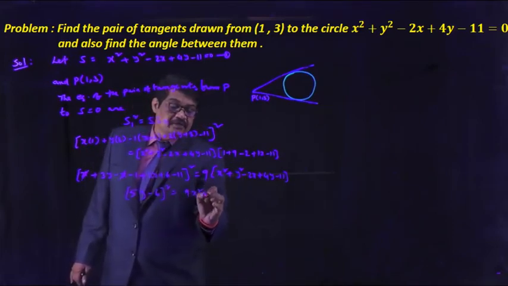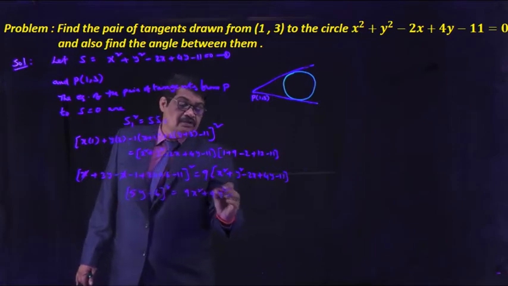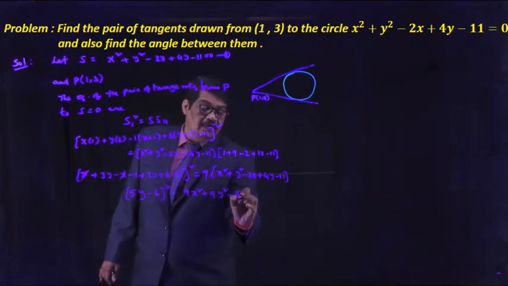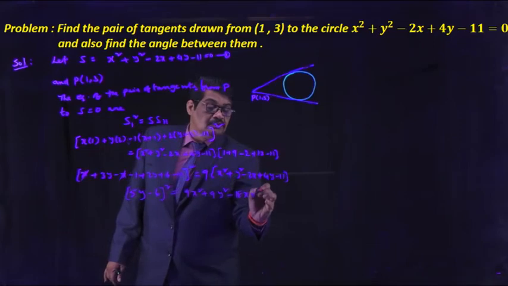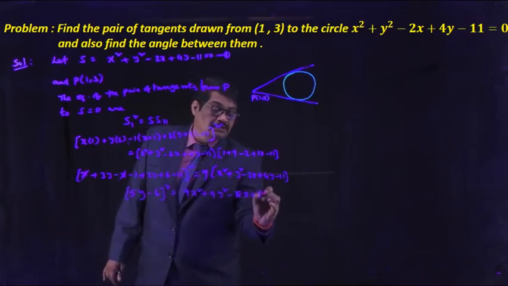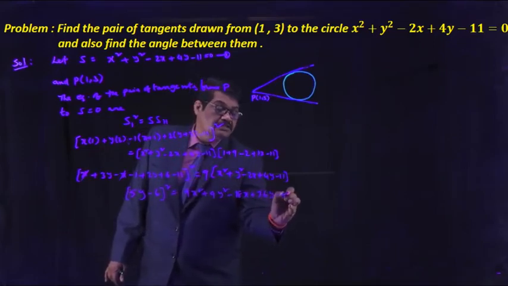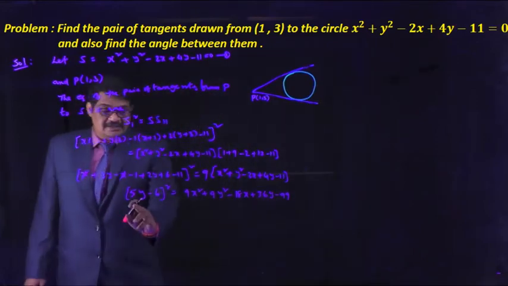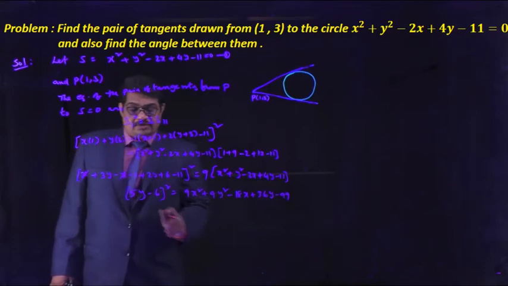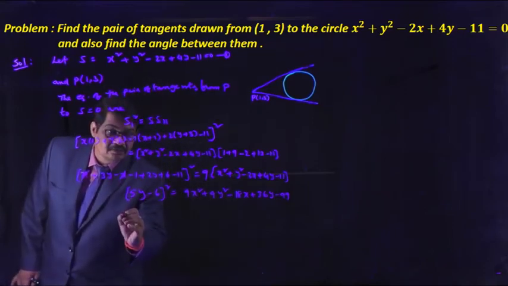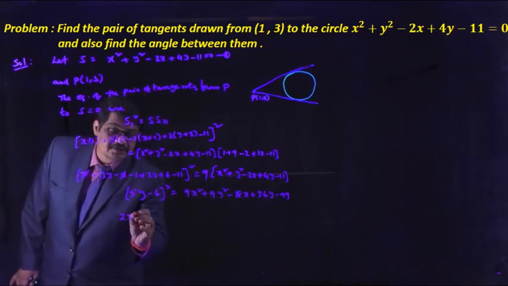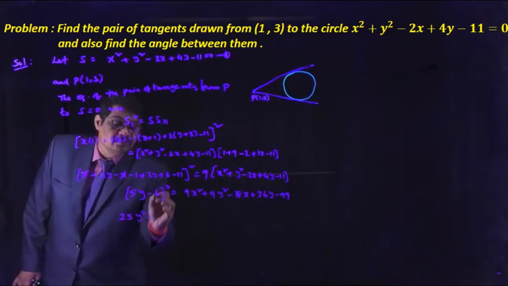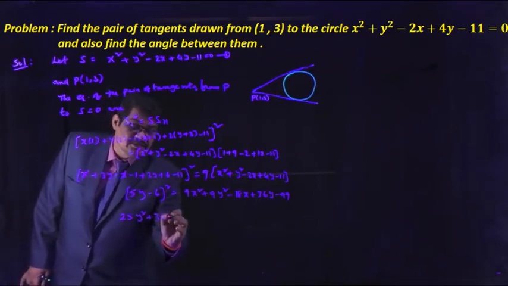9x square plus 9y square minus 9 into 18x, 4 into 9, 36y minus 99. Now we have to simplify the LHS. Here 5y minus 6 whole square. Expanding this one, we are getting 5 square, that is 25y square plus 6 square, 36.